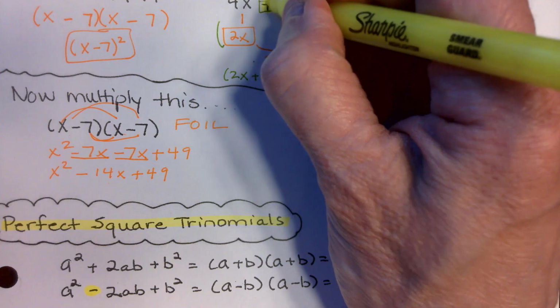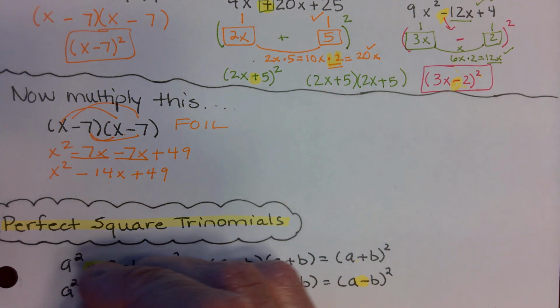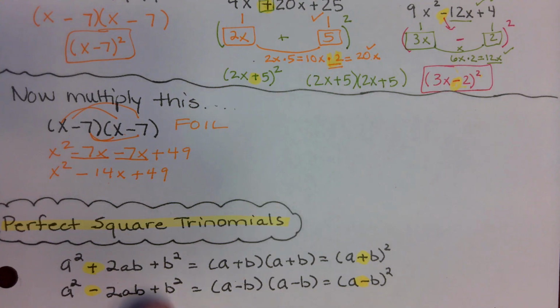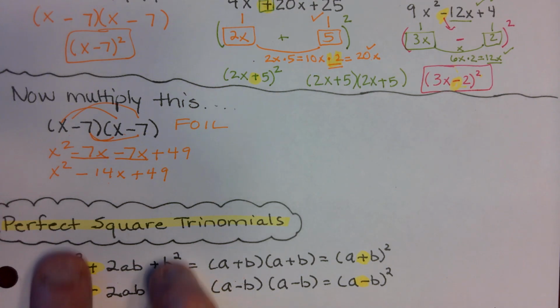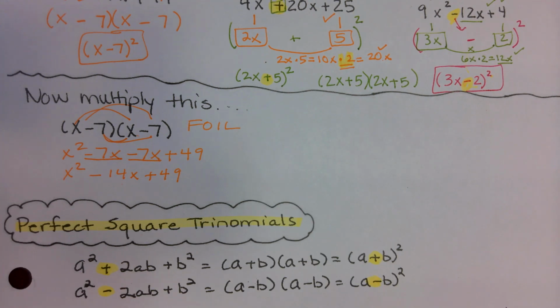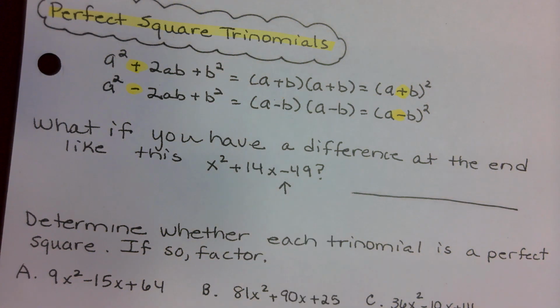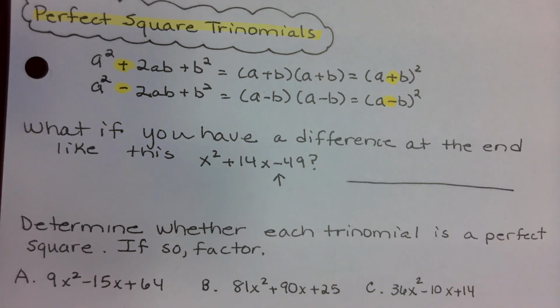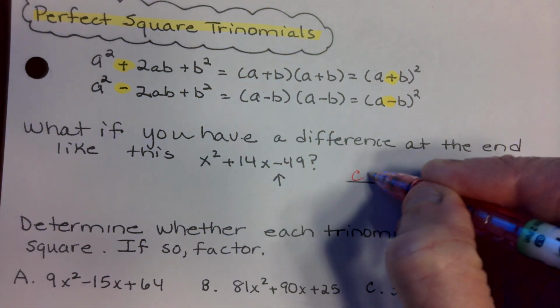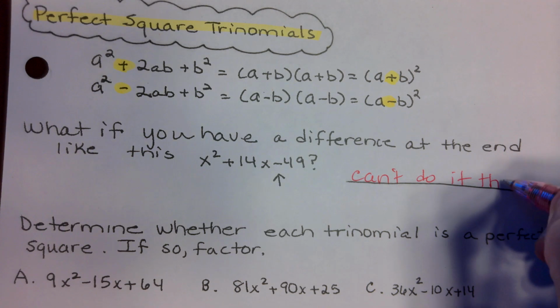And likewise, when there was a plus up here, there was a plus in there. These are always plus. Okay, these are always perfect squares. All right, so what if you have a difference at the end? Just like the other one, you can't do it this way.